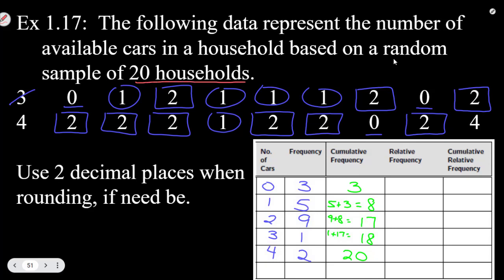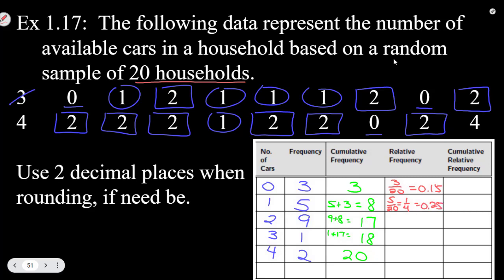So for the first one, it's going to be 3 over 20. And if we make that a decimal, it's 0.15. So either 3/20ths or 0.15 as a decimal. If we go to the second one, that is 5 over 20. Now, if you're going to leave it as a fraction, you need to reduce it. So that would be 1/4, and that would be 0.25.